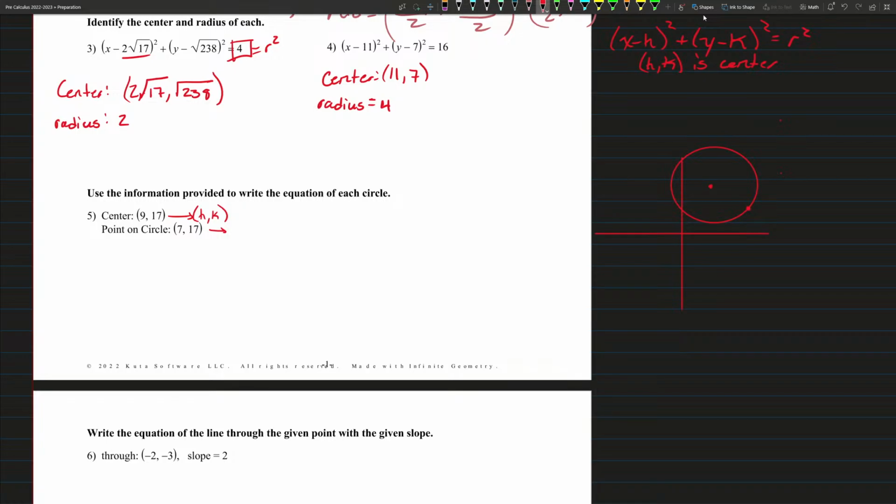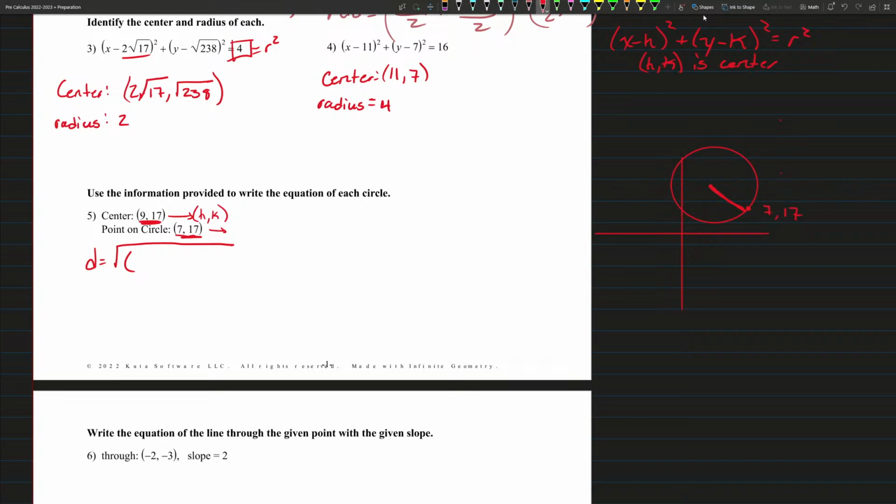Doesn't matter. Could be anywhere. So what we have to do is find the distance between these 2 points, and that gives us the radius. And once we have the radius, we can plug it into our equation, and then we're done. In this case it isn't hard, but I'm going to do this anyway. I want to find the distance between the point on the circle and the center.